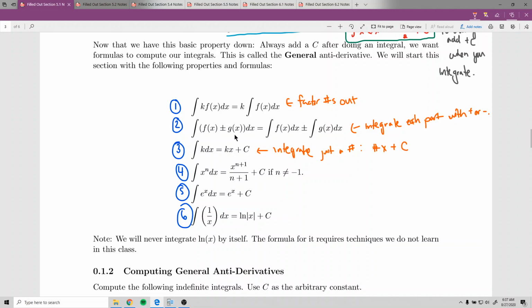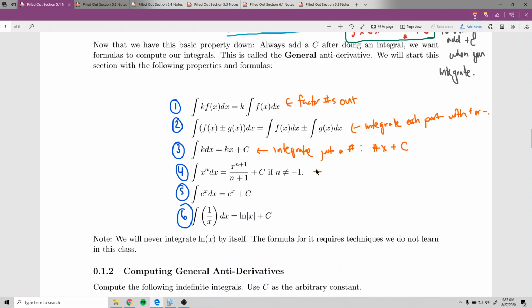So when we integrate 3, for example, we would get 3 times x plus c. The c is just c. It's not an actual number that we're going to put in, but the number we're given in the problem, we have to make sure we keep that the same.